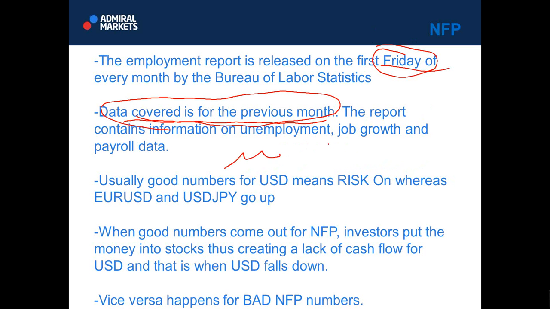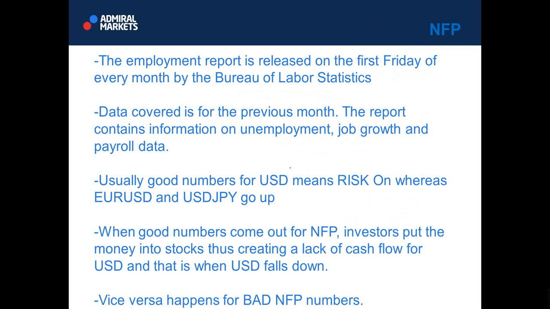But spike trading is a bit different. We are not basically interested in those numbers because NFP can be a bit unpredictable. So basically what I'm implying, we are not interested in any of those numbers. We are interested in spikes.